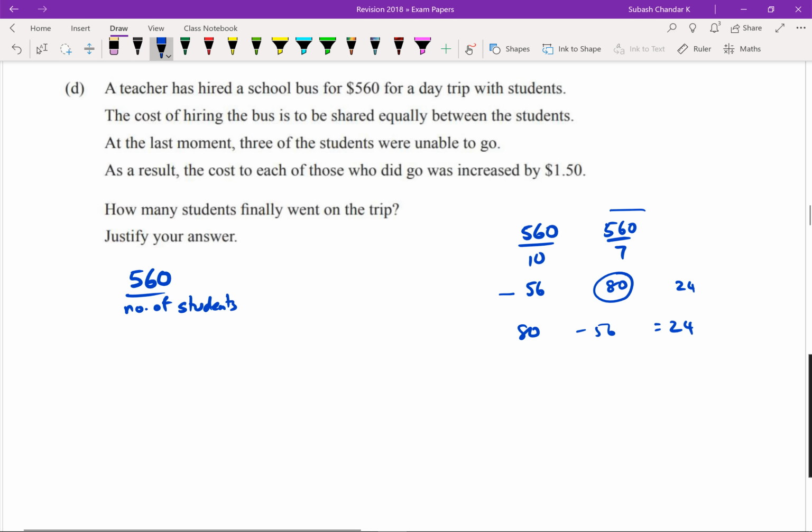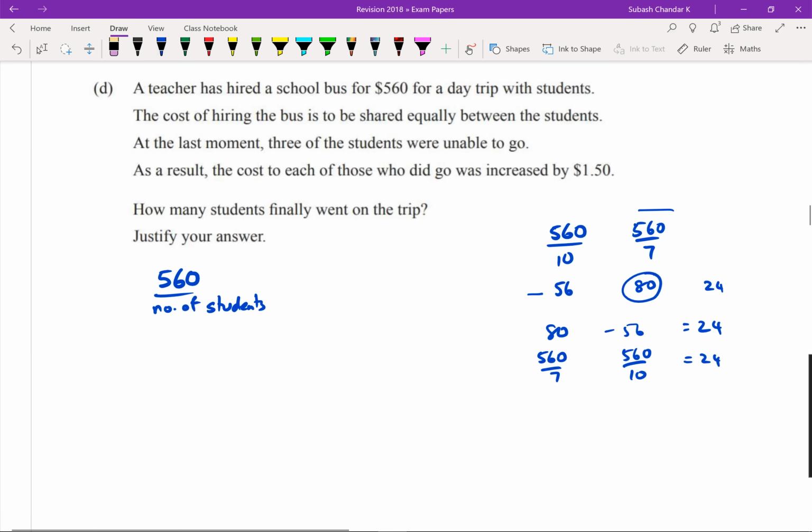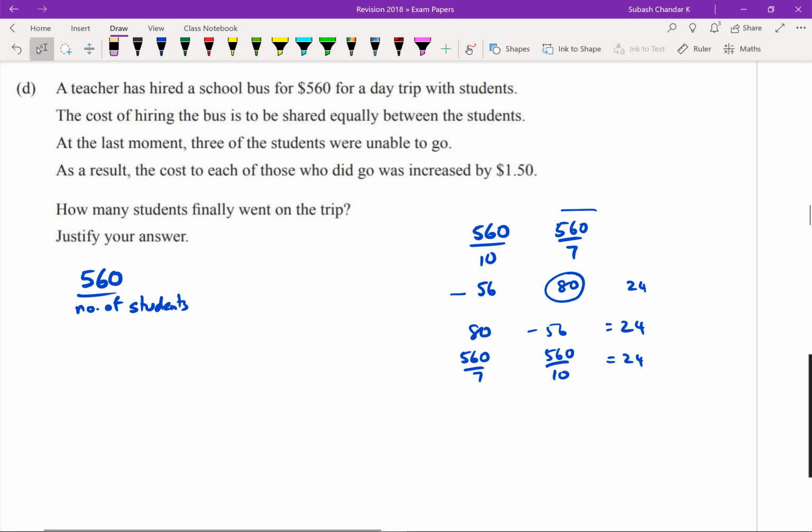The reason I'm trying to show this is because, sorry, hang on, let me show you one more step: 560 divided by 7 minus 560 divided by 10 equals 24. So what I'm trying to show you guys is that 24 is that $1.50, because 24 is how much the price was increased by in this case. That means for the original one, we don't know how many students are going, the increase is $1.50, and the total price is going to be 560.